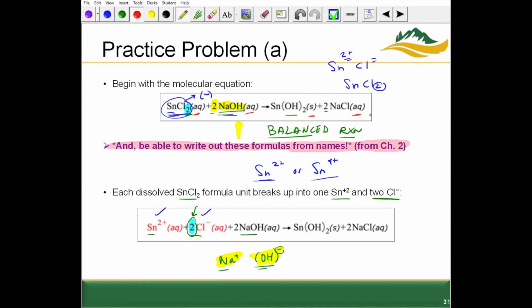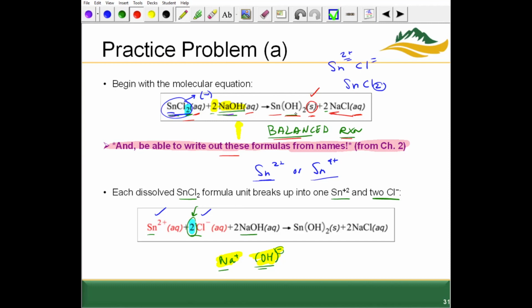You should also feel comfortable going from names to compounds to balancing the reaction to then also predicting, is this going to form a solid insoluble precipitate, or are these ions going to come together to form a soluble aqueous compound like sodium chloride? Here we're told this is forming an insoluble solid precipitate from Sn2+ and OH-.